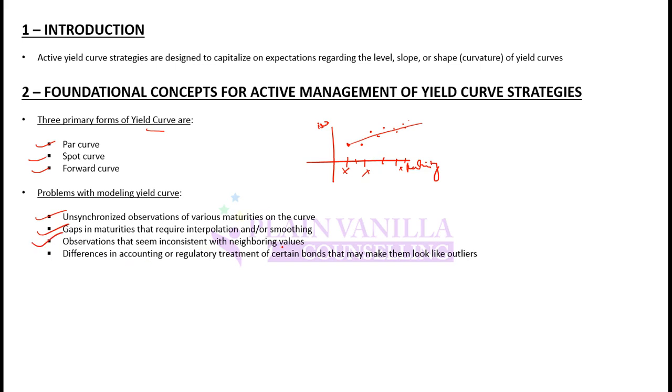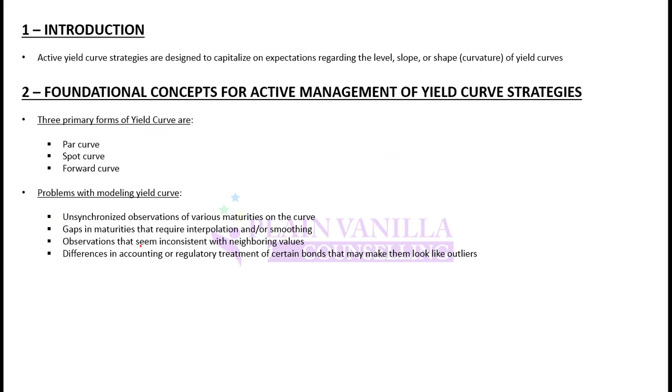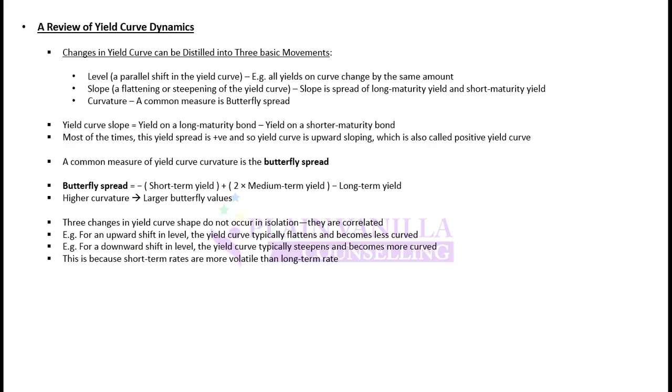Observations that seem inconsistent with neighboring values. So one of the observations can be inconsistent with the other values. Differences in accounting or regulatory treatment of certain bonds may make them look like outliers. So maybe there is some bond here, some bond here. Due to these reasons, modeling yield curve is challenging or difficult.